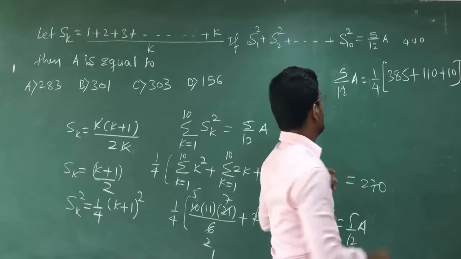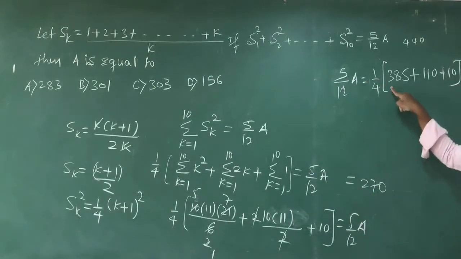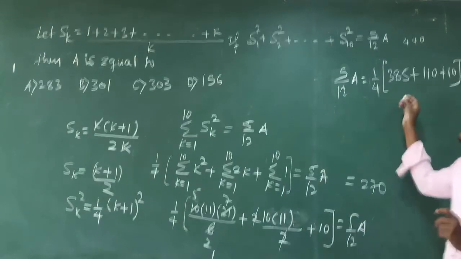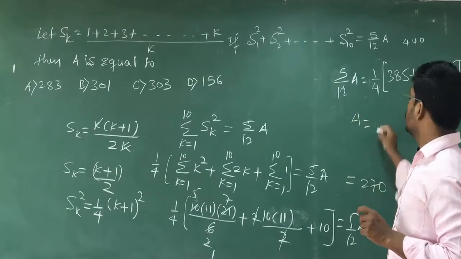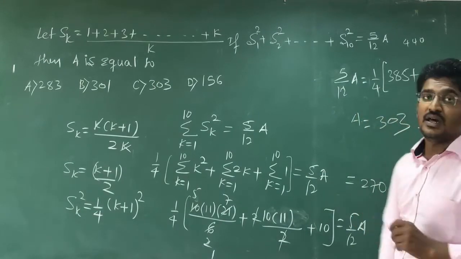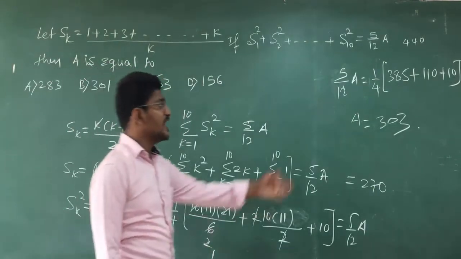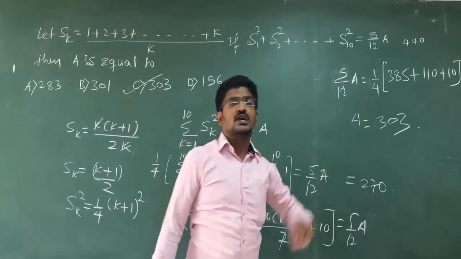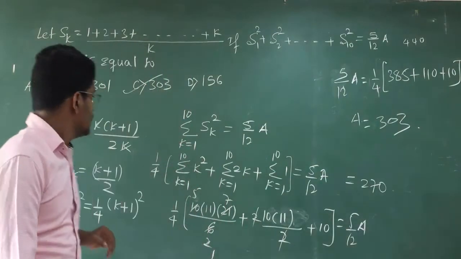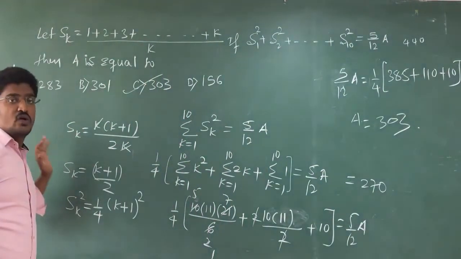Clear? Okay, it will be 5 by 12a equal to 1 by 4 (385 plus 110 plus 10). If you simplify this, it will be equal to 303. So that is your option C. So try to simplify on your own. Answer will be a equal to 303. So this is how you have to simplify.